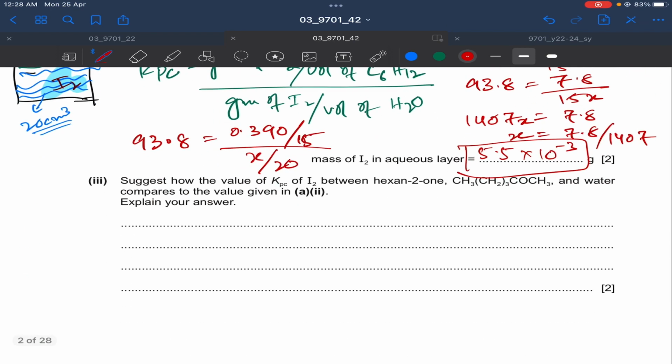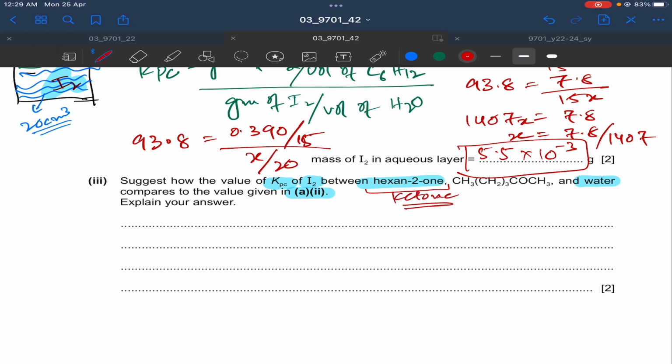All right, now the next part of the question is: suggest how the value of the partition coefficient of iodine between hexane 2-one and water compares to the value given in A2. Now they have changed one of the solvents. This time, instead of cyclohexane, they have taken hexane 2-one, which is a ketone.